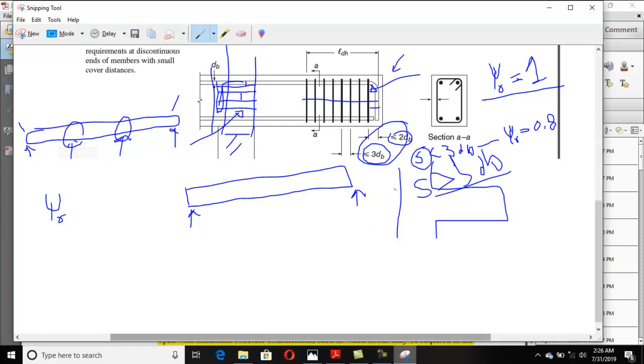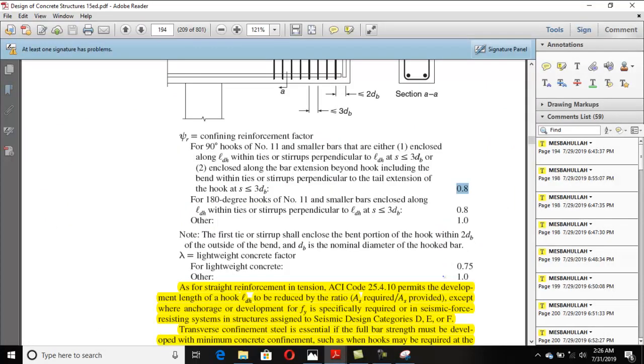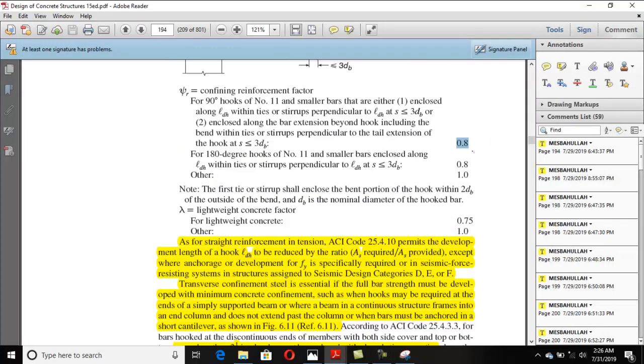If it is not given, then we design it. If it is given, we check it. That's what the psi r factor will be. For 180-degree hooks the same principle applies, but for other cases, meaning when these criteria are not met and the spacing is greater than 3 dB, you have to select 1. That is obvious and clear.